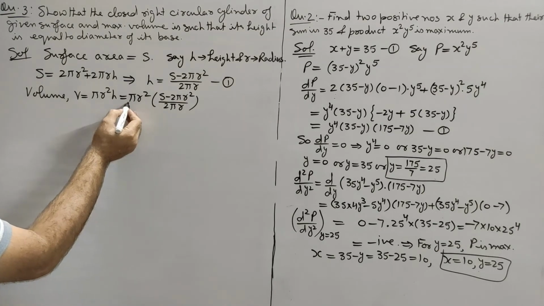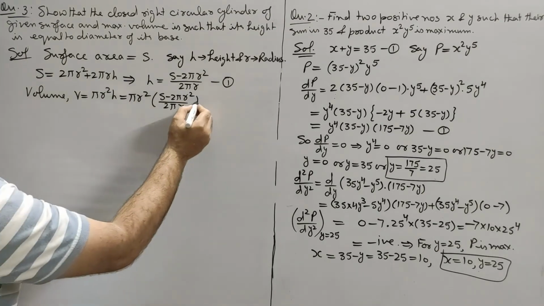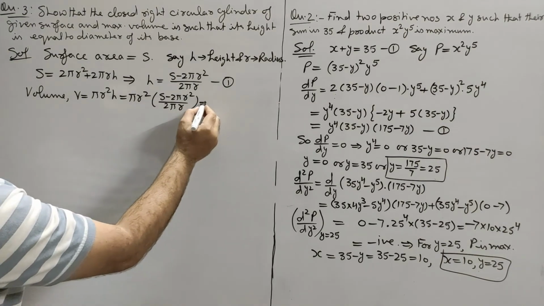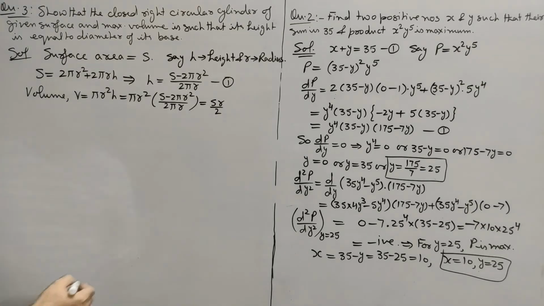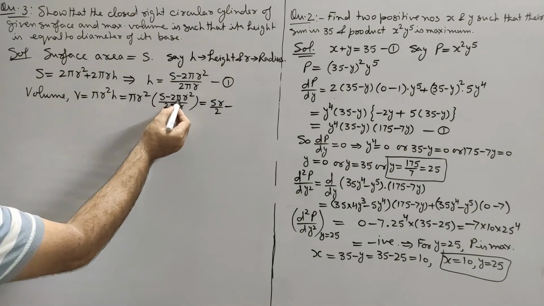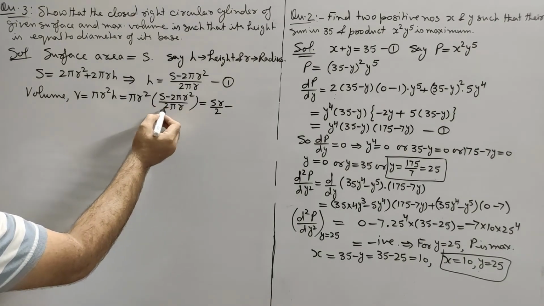Pi will get cancelled with pi, r will cancel 1 power of r square, so we will get S into r by 2 minus r into 2 pi r square upon 2.